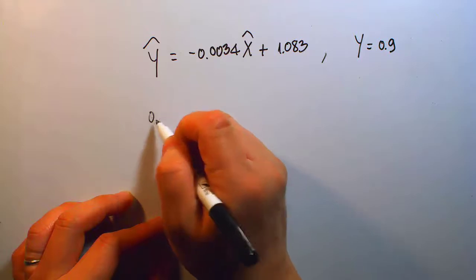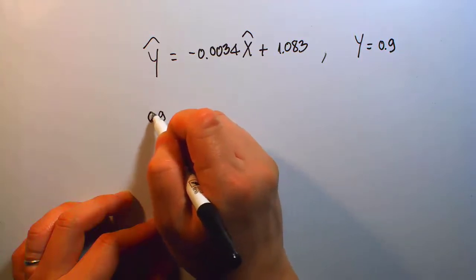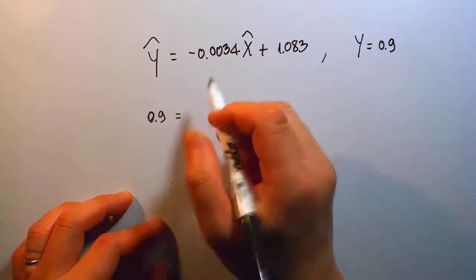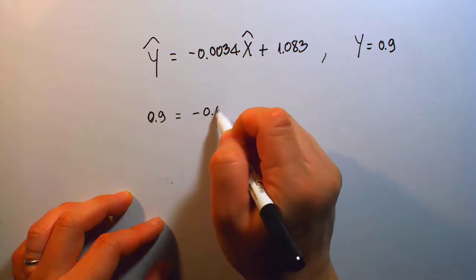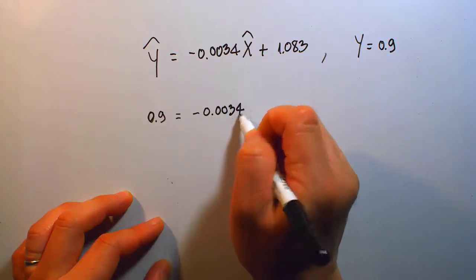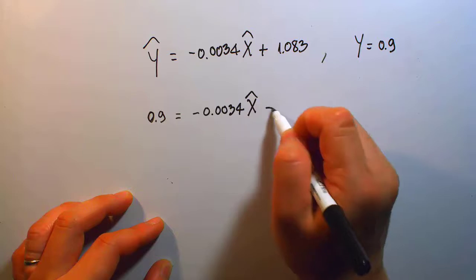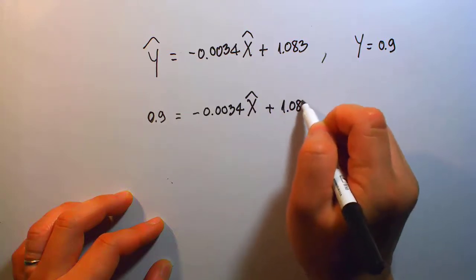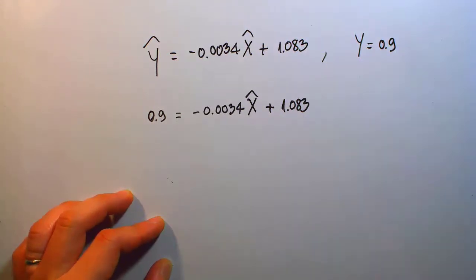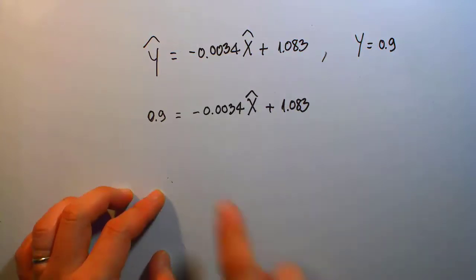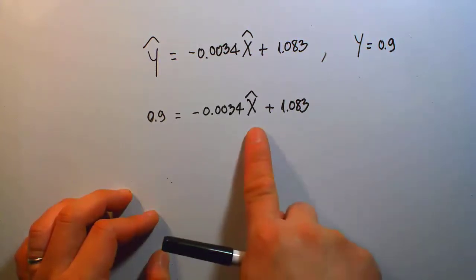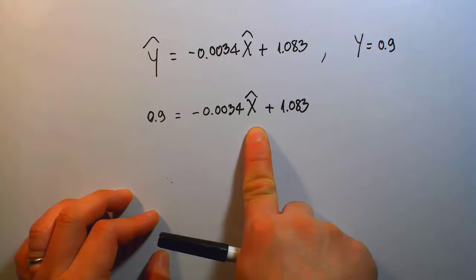So 0.9 substitutes for y hat on the left hand side, equals negative 0.0034 x hat plus 1.083. Now we simply solve this equation for our x hat variable.